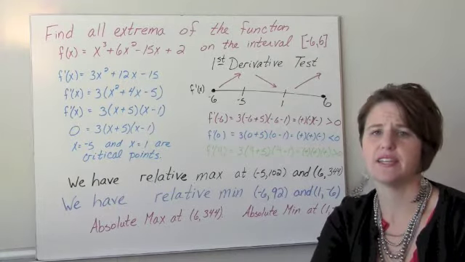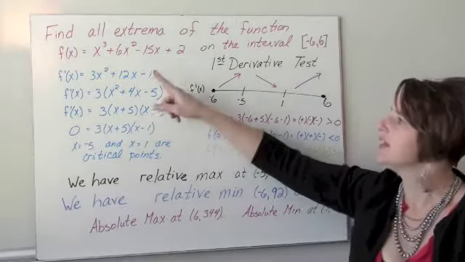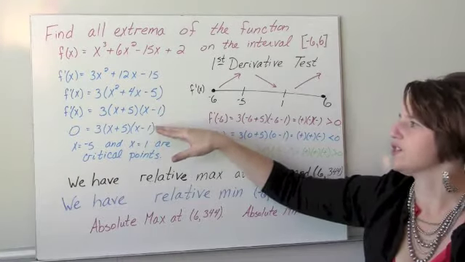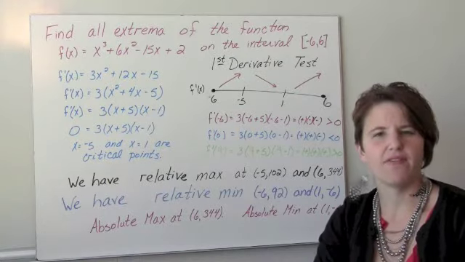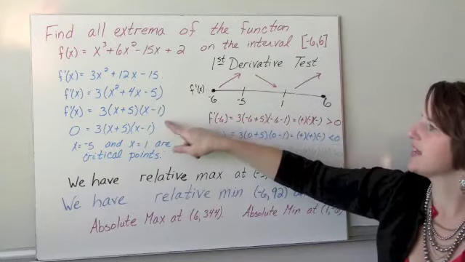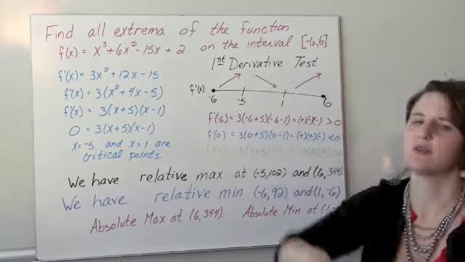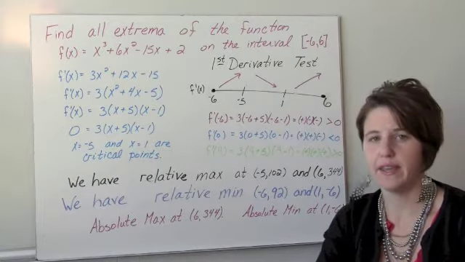And I had mentioned in a previous video that factoring can make our life easier. Yes, we can find out where the derivative equals 0 using the quadratic formula, but factoring is really nice. So if I factor the derivative, I end up with f prime of x equals 3 times (x plus 5) times (x minus 1).